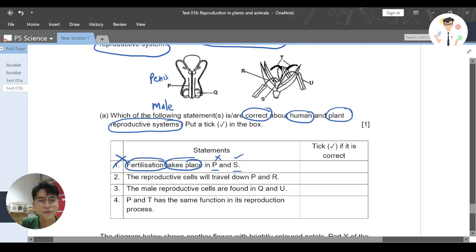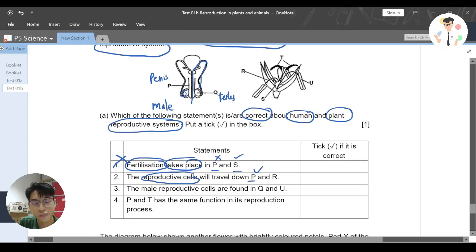The reproductive cells will travel down P and R. Now, P is a penis, right? So we know that the Q, which is the testis, will produce, and then it will go through this and come down. So travel down, seems like it works, seems logical. The male reproductive cell, which is the sperm.